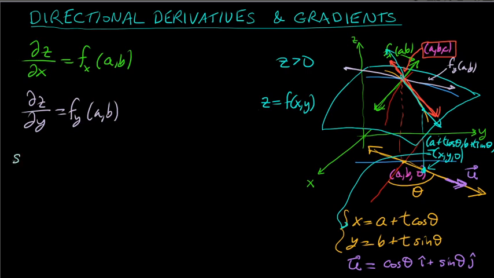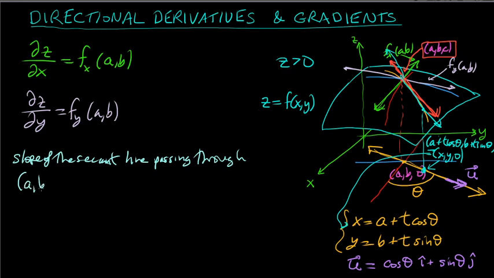So the slope of the secant line passing through two points. One of them is a, b, c.